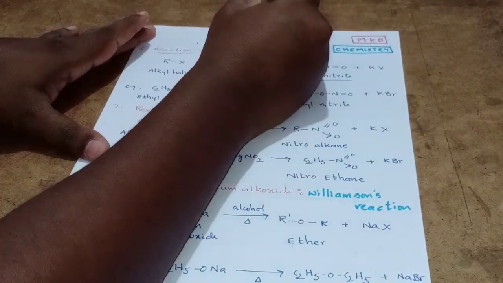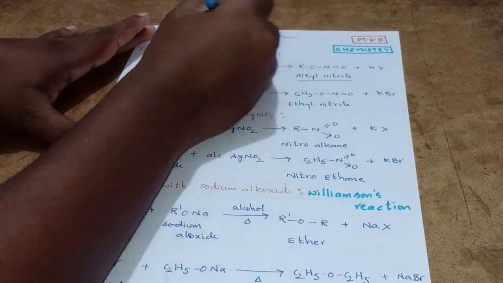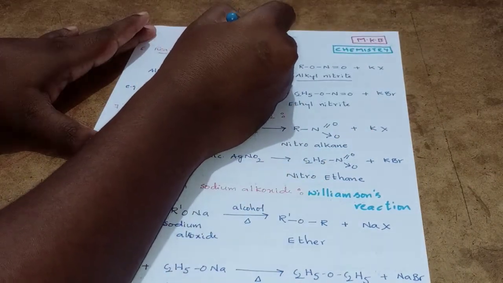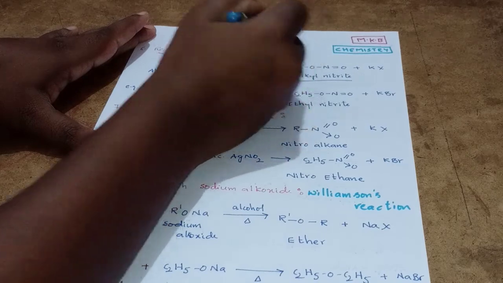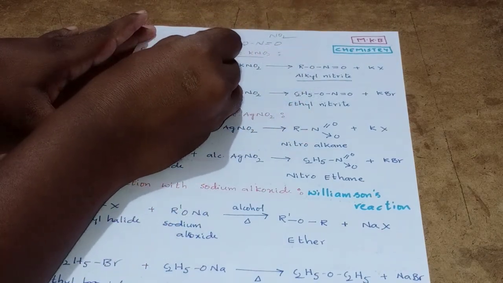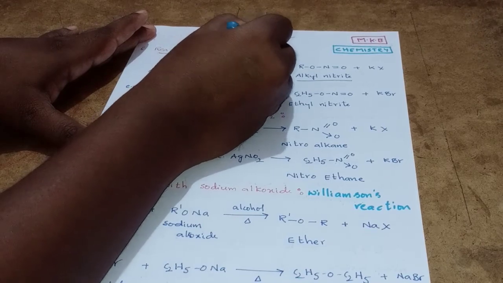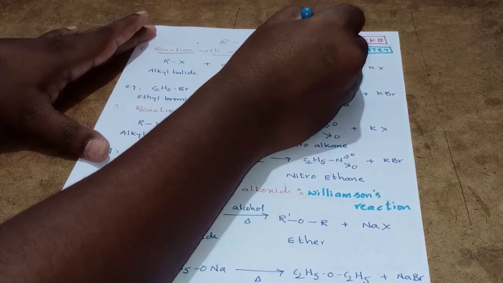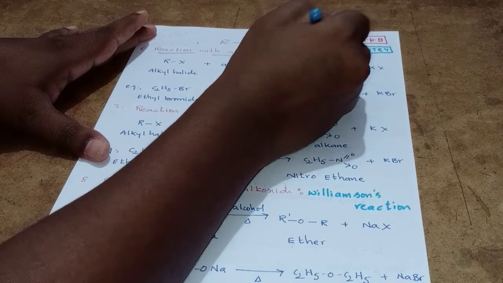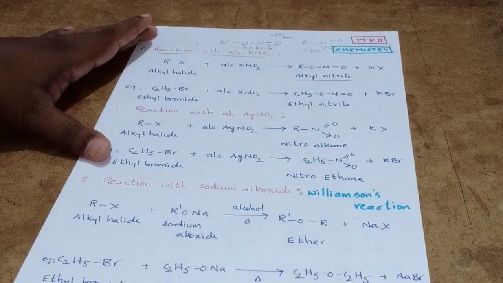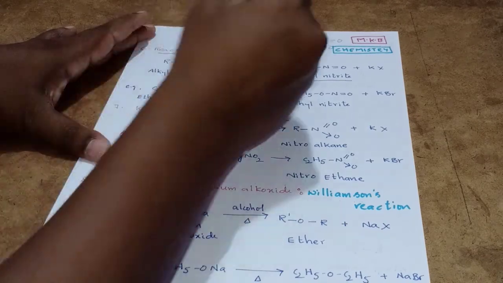In the NO2 group, if the oxygen atom is linked to the alkyl group, this is called nitrite. If nitrogen is linked to the alkyl group, this is called nitro group. See, if nitrogen is linked, nitro. If oxygen is linked, nitrite.